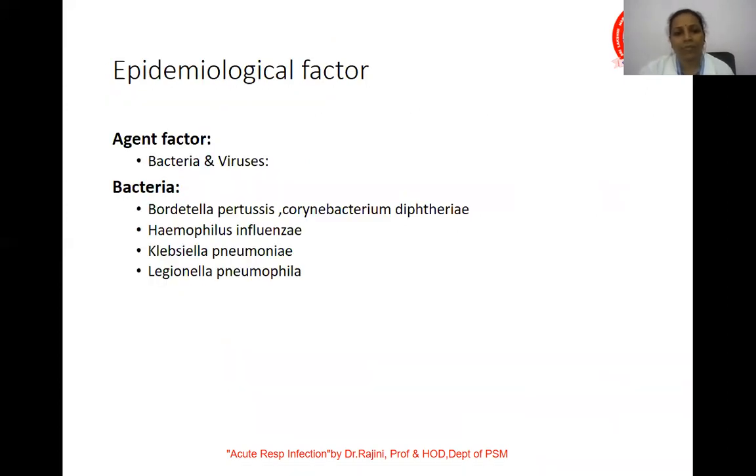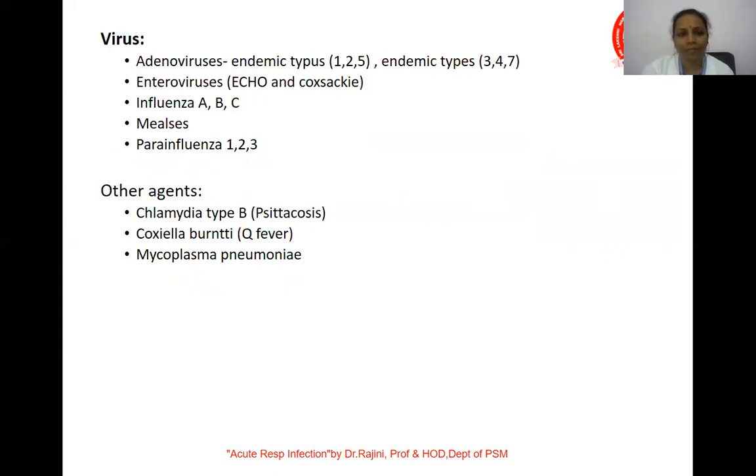What agents cause pneumonia? Bacteria and viral infections both can cause pneumonia. Bacteria include Bordetella pertussis, Corynebacterium diphtheriae, Haemophilus influenzae, Klebsiella pneumoniae and Legionella pneumophila. Viruses include adenovirus, enterovirus, influenza A, B, C, measles, and parainfluenza 1, 2, 3.